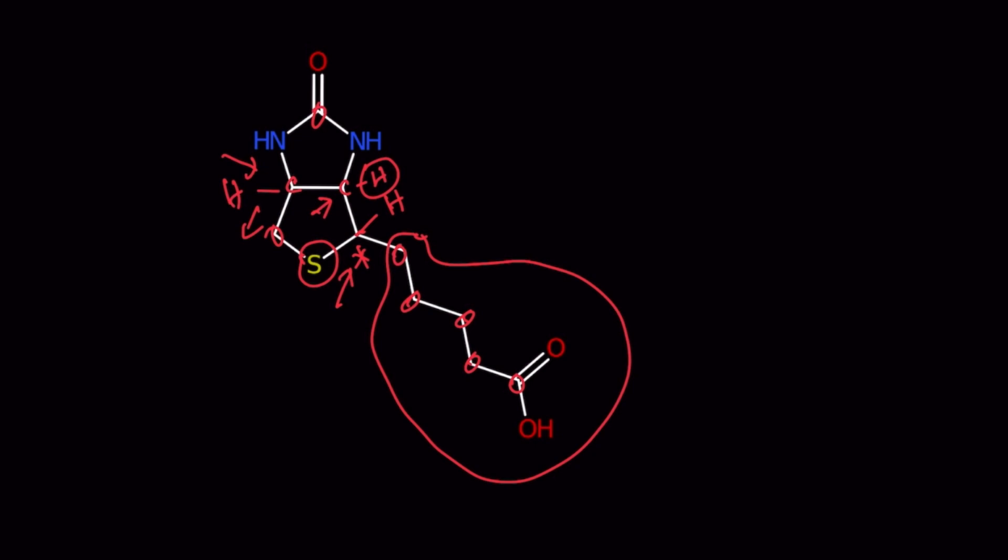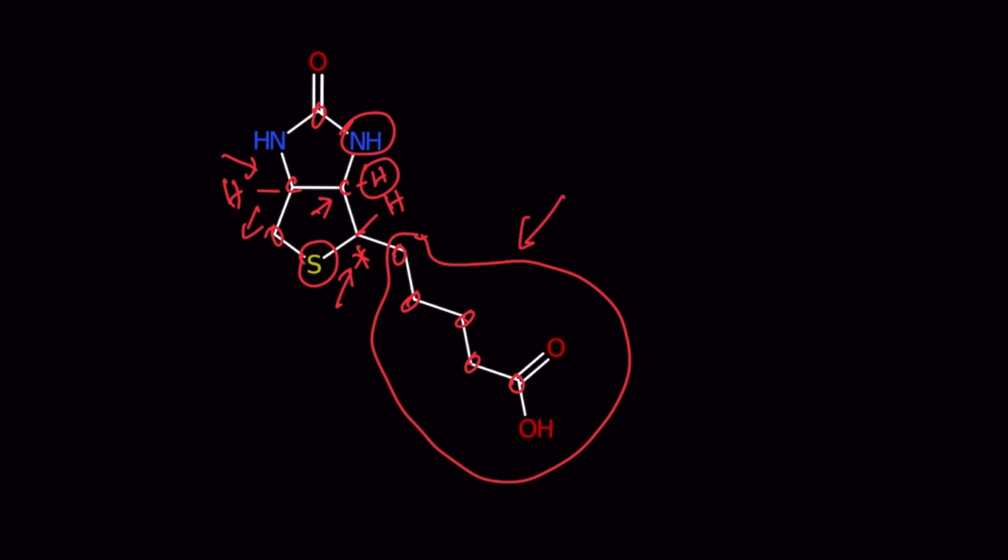So therefore we do have 4 different units. Hydrogen atom, that is one different, NH, that is the second different unit, and then we have a CH on this side, that is the third one, and then we have a CH which is attached to sulfur on one side, and then we have this group.